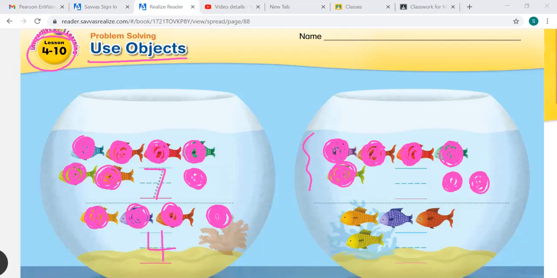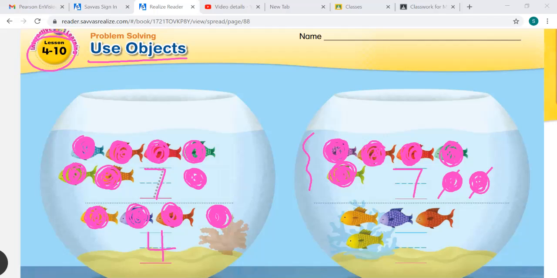Okay, so we saw 5 fish and then 2 more. So what comes after 5? 5, 6, 7. 7 fish.